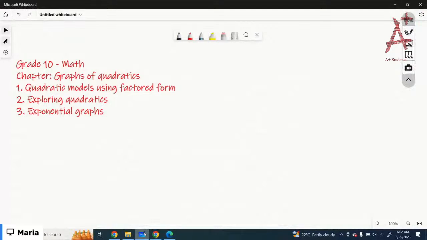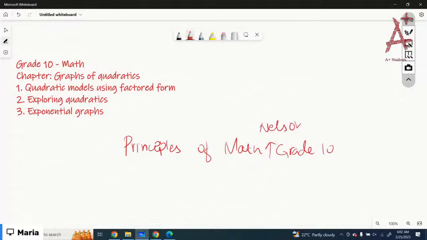You can find the chapter in the Nelson Principles of Maths, Nelson Grade 10 book. That is the name of the book I'm following. Got it? Principles of Math, Nelson Grade 10. Okay, so let's start with the lesson.